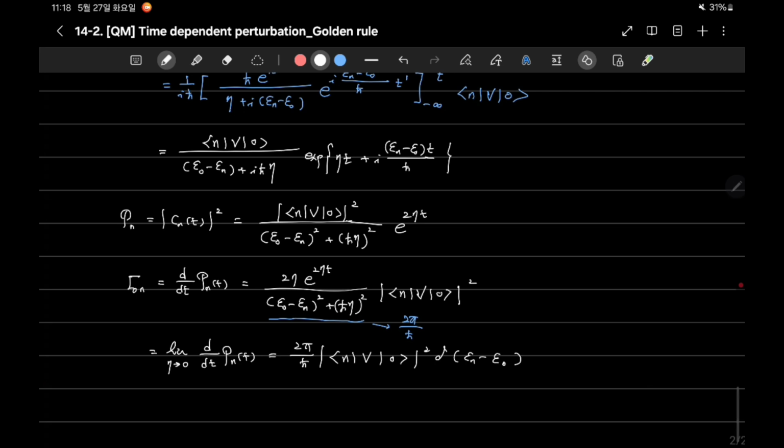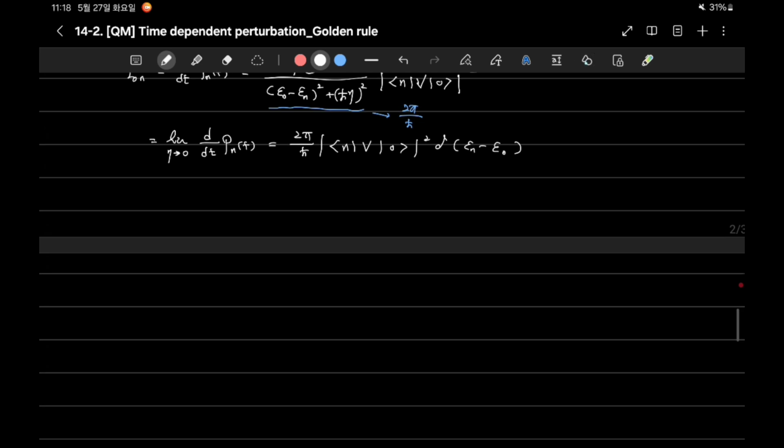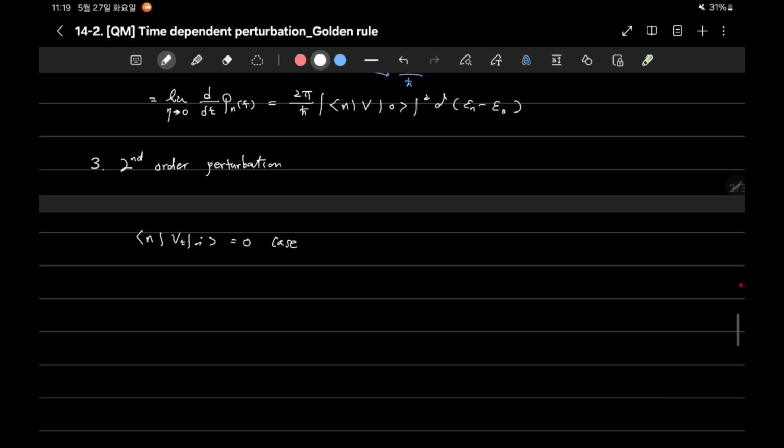Okay, then here it is the first order correction, but now let's think about the second order perturbation case. This case should be considered when the interacting potential term equals 0, and we should consider the second order perturbation.